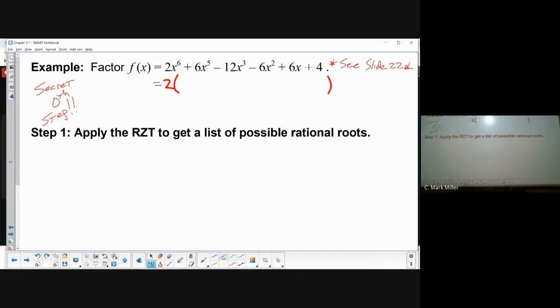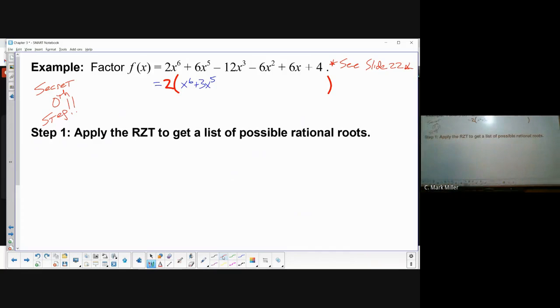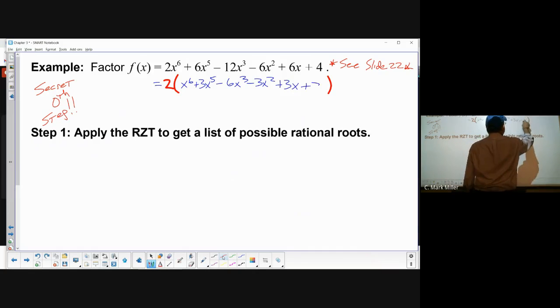What's that going to leave me? It's going to leave me x to the 6th plus 3x to the 5th. Oh, look, there's no x to the 4th here. Keep that in mind. No x to the 4th. Minus 6x cubed minus 3x squared plus 3x plus 2.